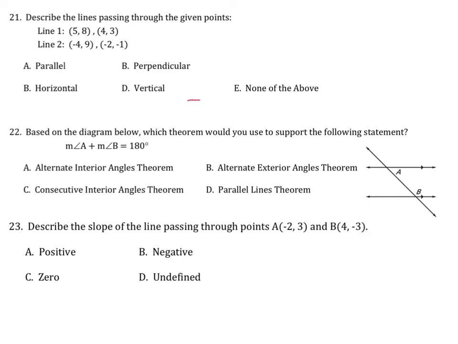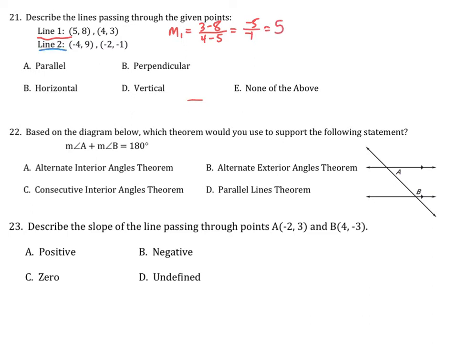To determine if the lines are parallel, horizontal, perpendicular, vertical, or none of the above, we have to find their slopes. So first off, here's line 1. The slope of line 1 is going to be 3 minus 8 divided by 4 minus 5, and that would be negative 5 over negative 1, which will equal 5.